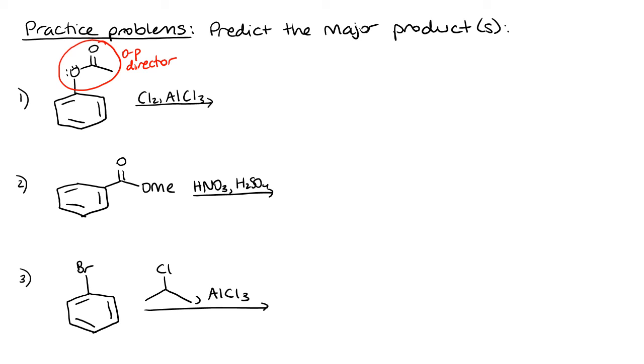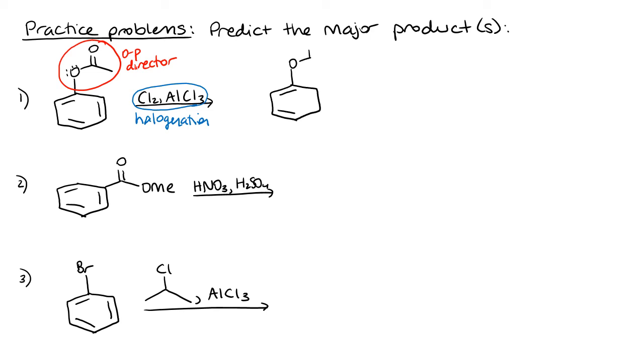Now let's take a look at the reagents. We are reacting the benzene with chlorine in the presence of a Lewis acid catalyst. So this is going to be a halogenation, and we're installing the chlorine on the benzene ring. So let's draw the products of both the ortho and the para substitution.